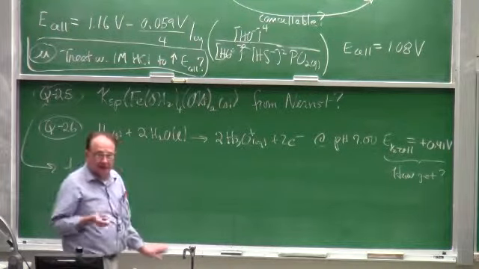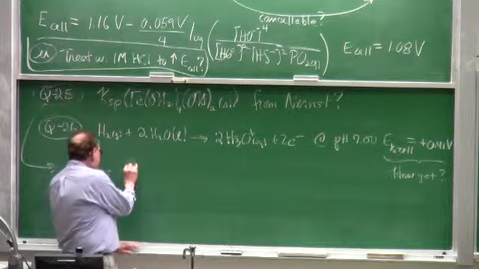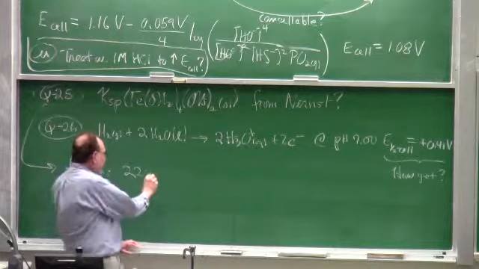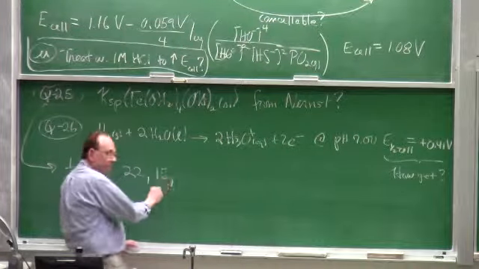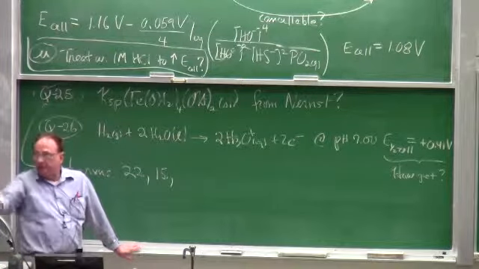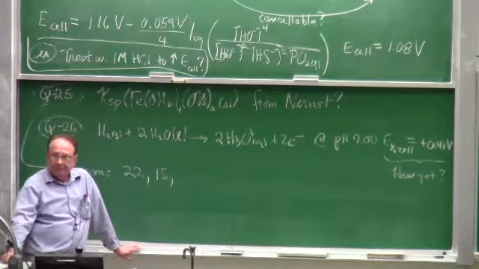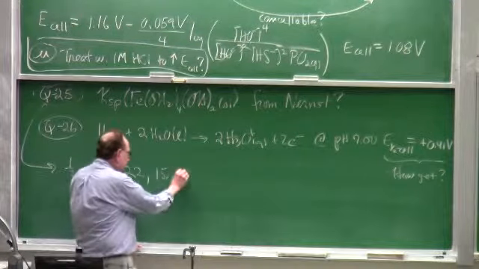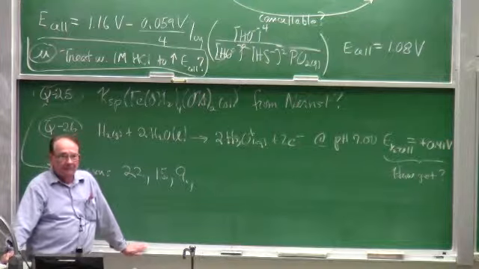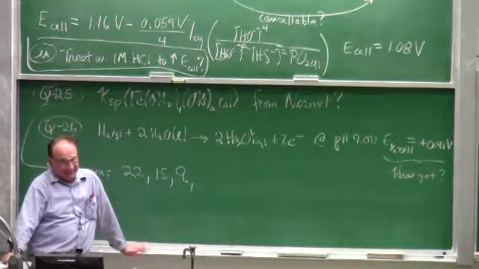I don't want the E0 values, I want the numbers for the half reactions. 22, 15, any others? Because other people may have different opinions. 9? Any others? I'm listening. Clearly only 2 of these numbers can be right.